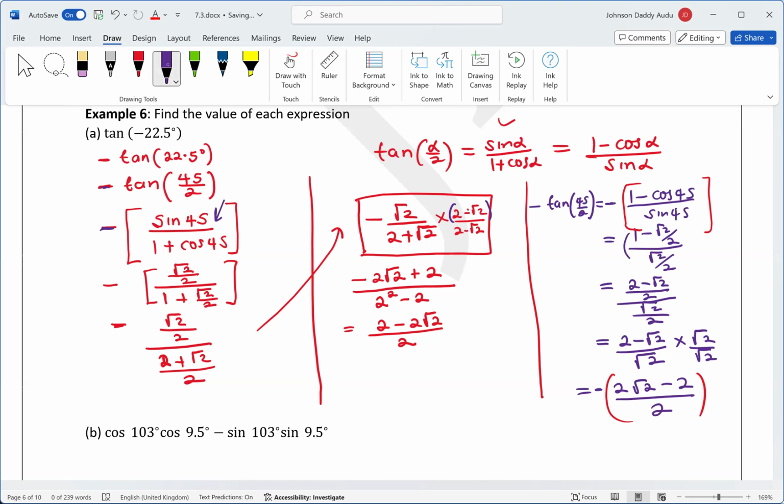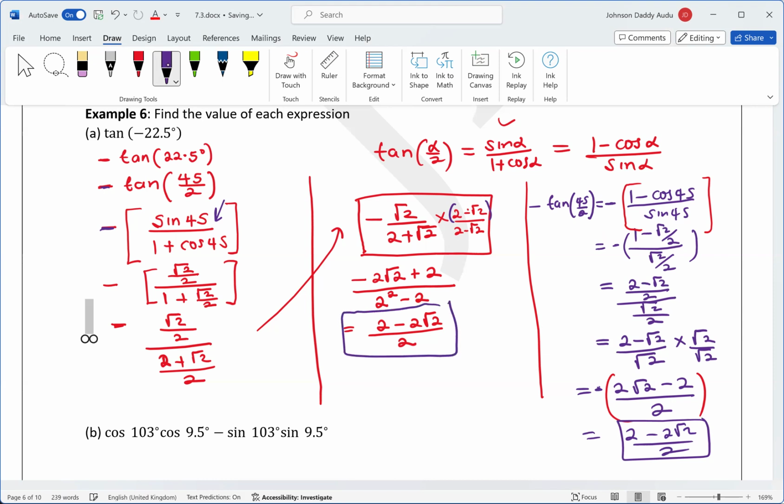So in all of this, you should have a minus outside. And so at the end, there's going to be a minus. And this will mean 2 minus what? 2 root 2 over 2, which is exactly the same as this one. All right. So let's go to the next question.